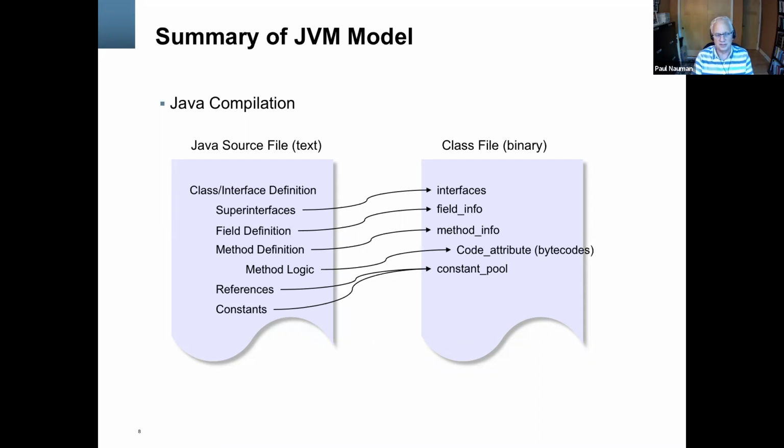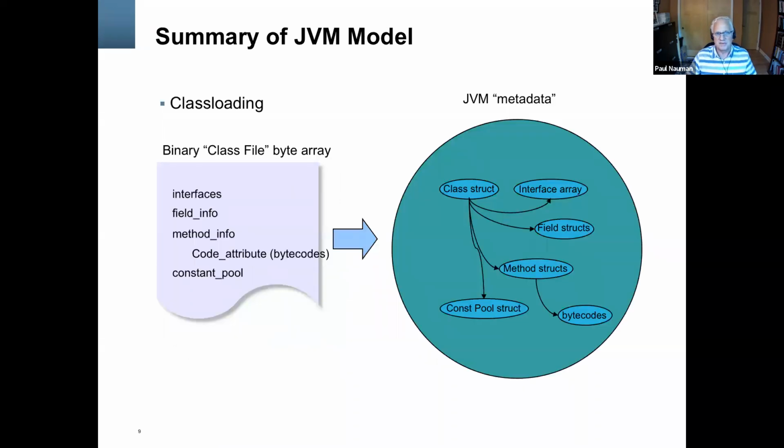And it turns out that this constant pool is an important, central piece of information for the class file and for the JVM. When the JVM reads in a class file, over there on the left, you see the same information is included in the class file, and as you might expect, it simply gets parsed out.